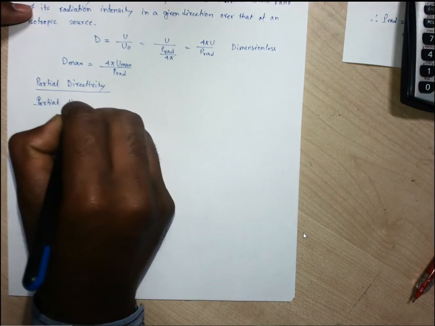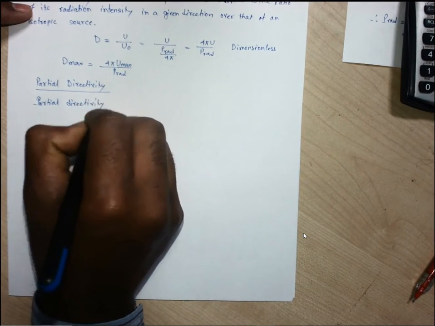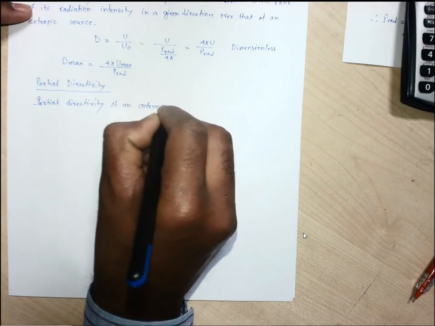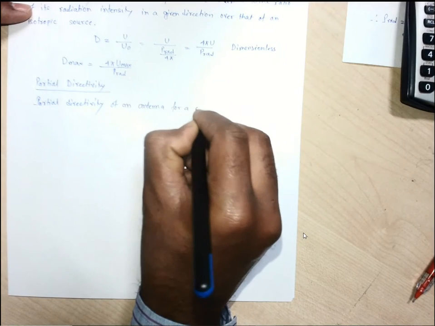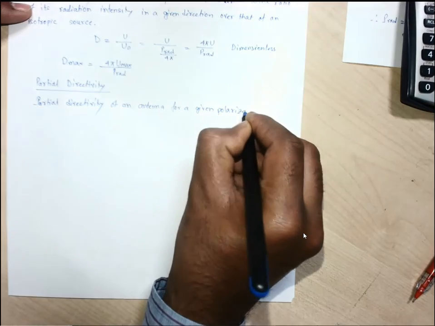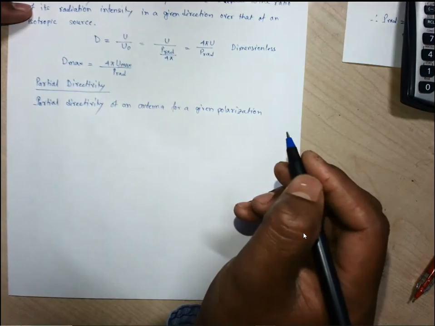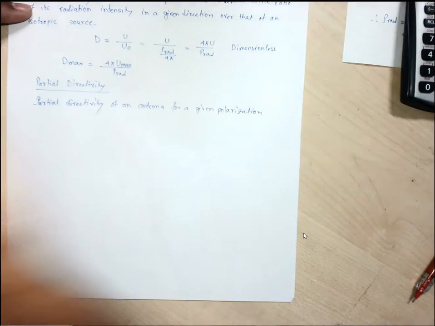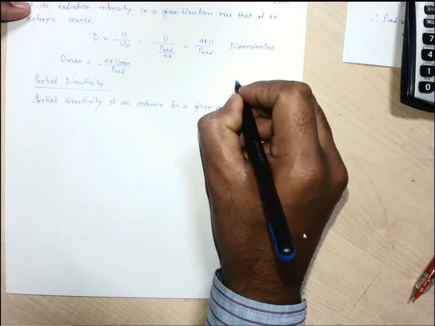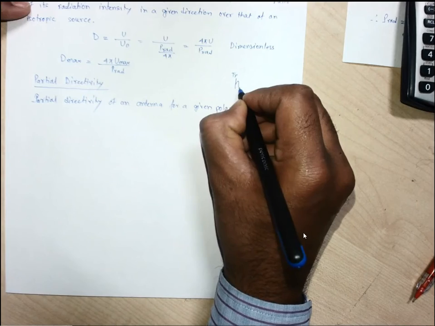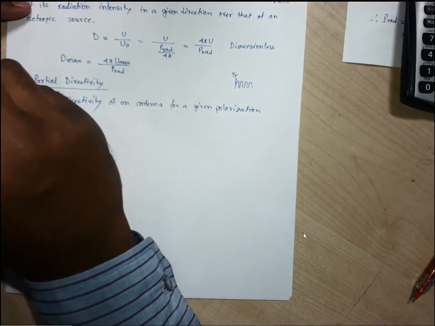Partial directivity of an antenna for a given polarization. Polarization means how the waves are oriented with respect to the transmitter and receiver. Let us consider a vertically oriented transmitter. The waves generated from it are something like that, so from the front view you will find a line.